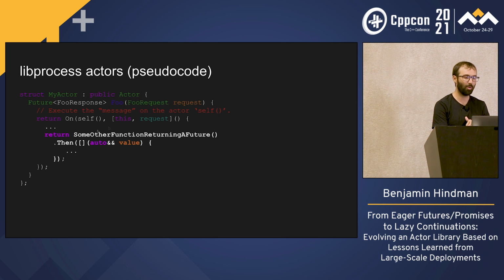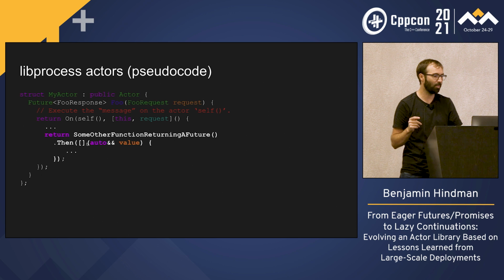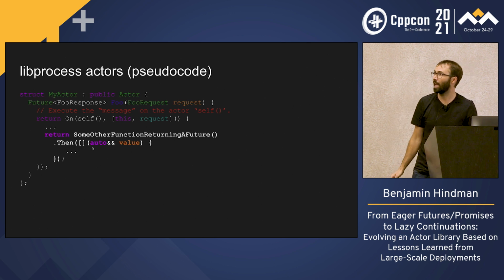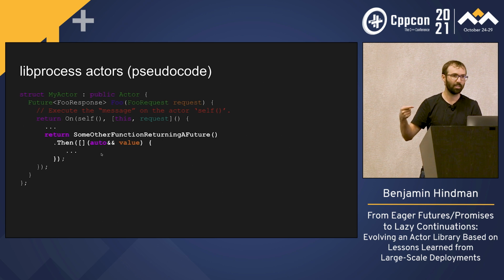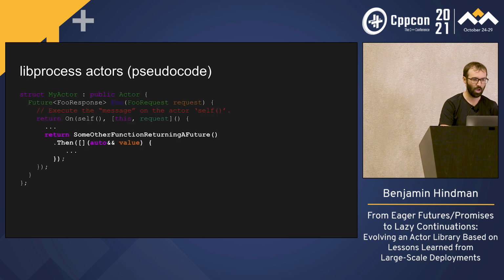And within the callback for this then, I don't have it here in the slide, but I just have a lambda, and there's no reason why I couldn't have in this lambda another on, which would effectively implement the continuation of doing this stuff back on this actor, i.e. queue up the next thing I want to do as another message back on this actor that I'll execute later, okay?